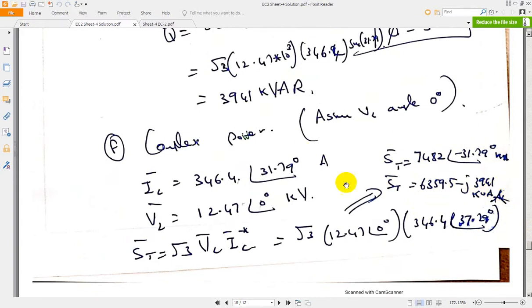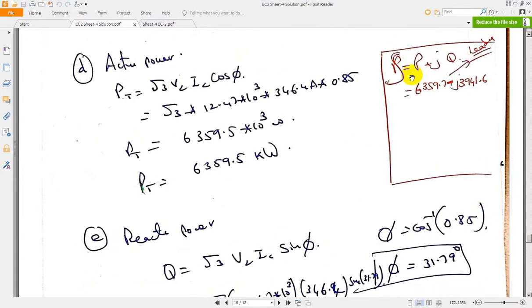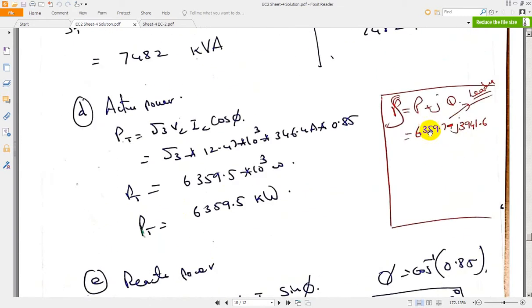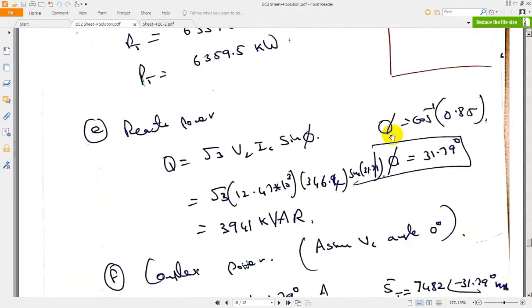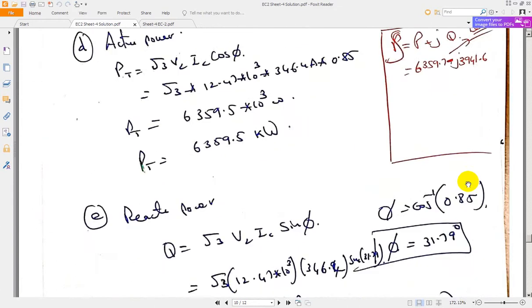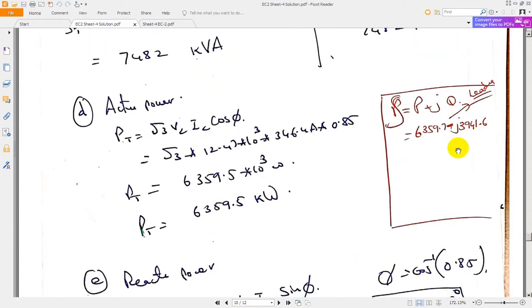This is one form of evaluation, or simply you can write S is equal to P plus jQ. The P value we got here and the Q value we got here. But here the Q value is negative because of the conjugate.